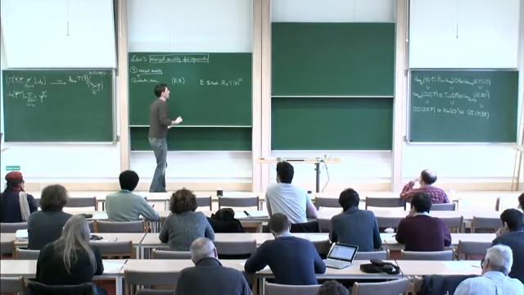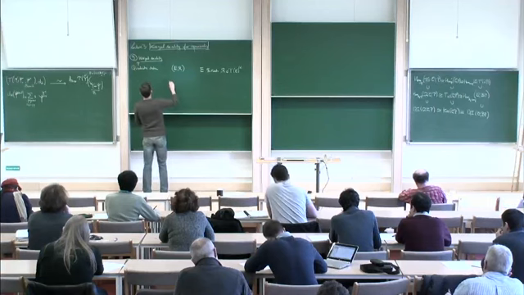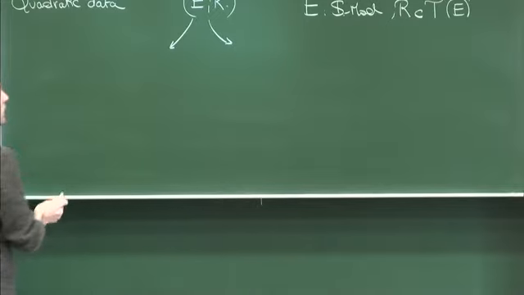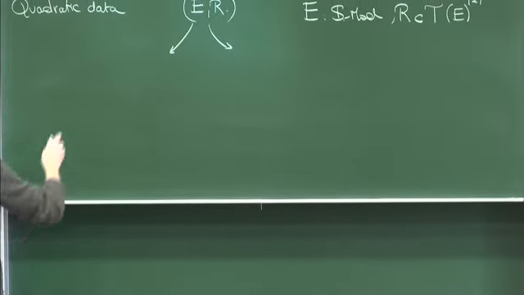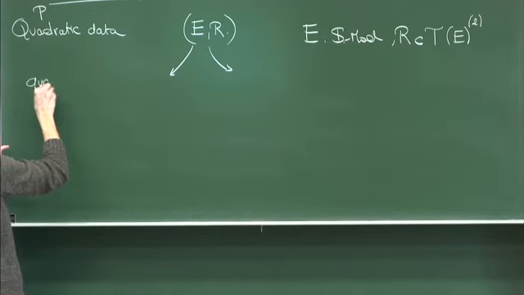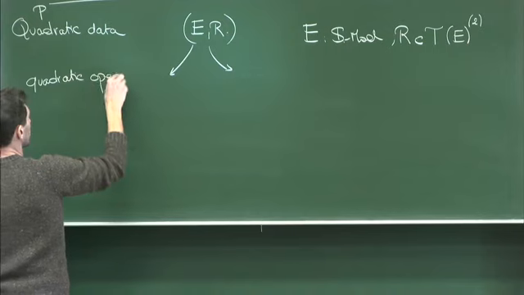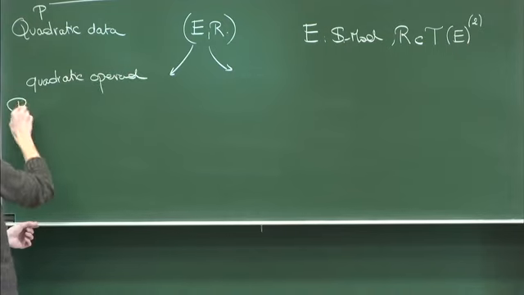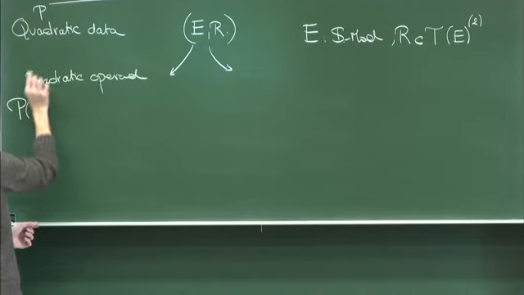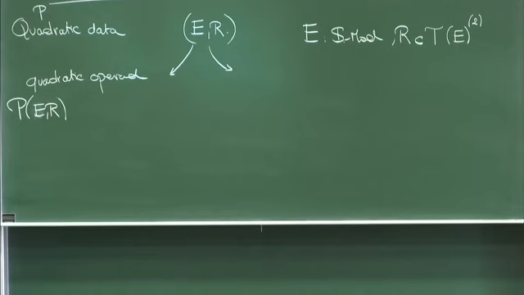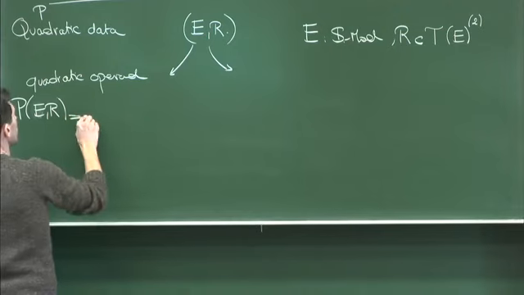Okay, so from this quadratic data, we can get two things. It's exactly the same thing as last time. We can construct the associated quadratic operad P generated by E with relations in R. What's that?